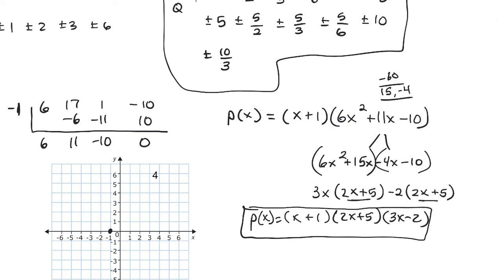You have to be careful on these. The 0 is -5/2. What is that actual number? Remember, when you're graphing, those are decimals. -5/2 is -2.5. And then the other one here, 3x minus 2, is going to give you a 0 of 2/3. That's 2/3 of the way to 1.